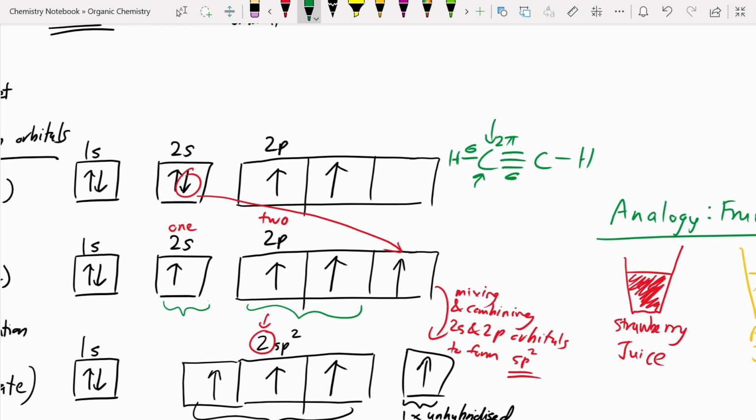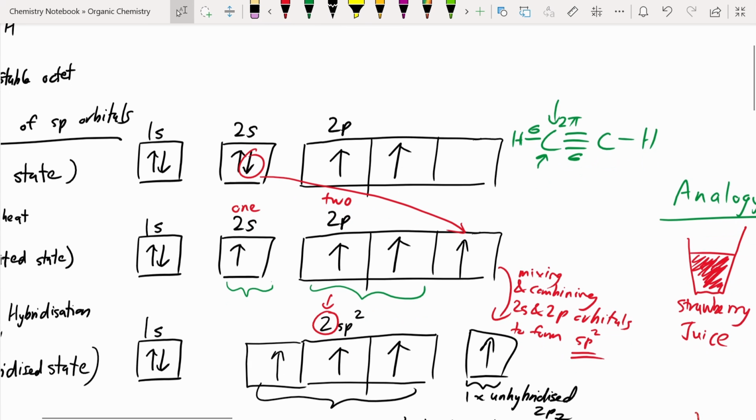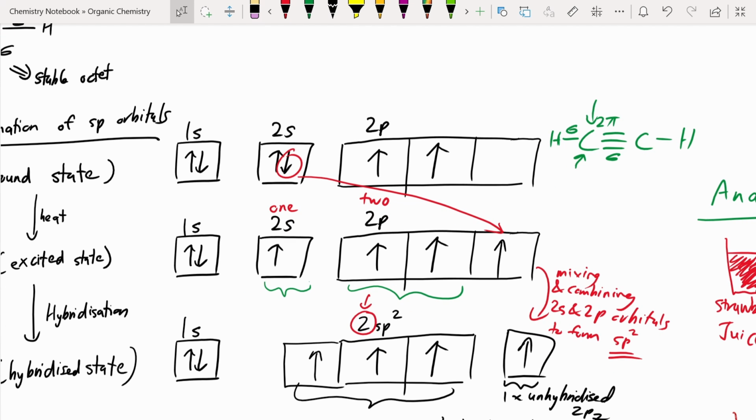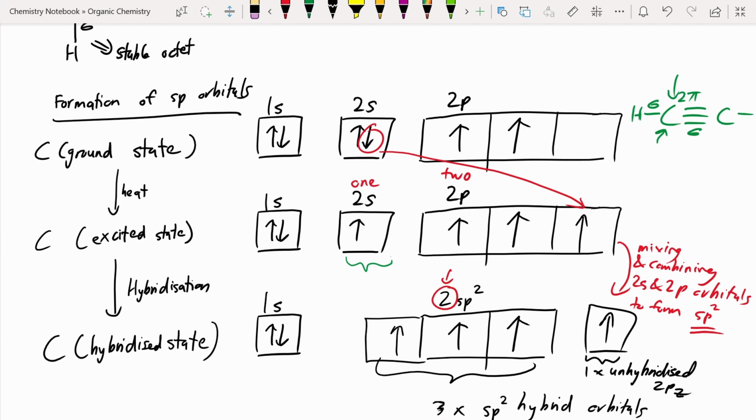So there are 2 pi bonds that need to form, and so you will know that these 2 are unhybridized.